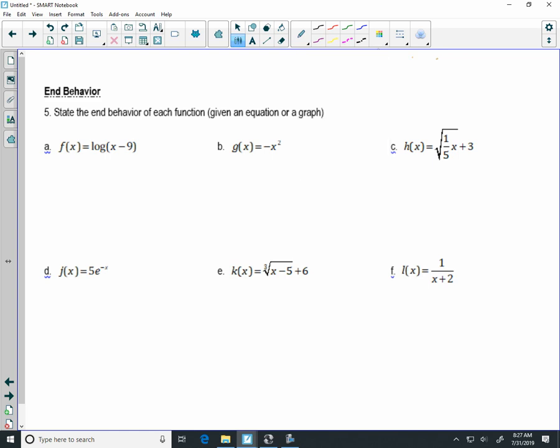All right, so for log of x minus 9, remember log of x, the general shape is going to be this guy. So we're only going to do end behavior in one direction, only toward infinity. It's going to look something like this. As x approaches infinity, what is y going to approach?